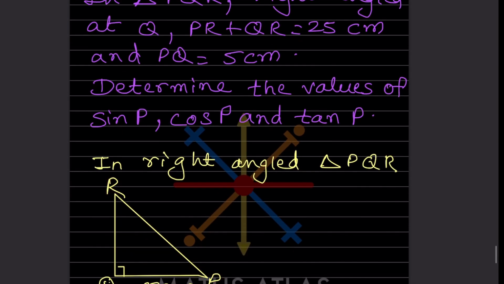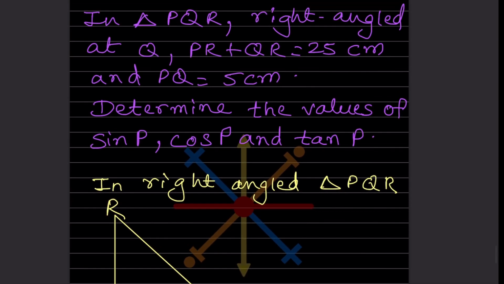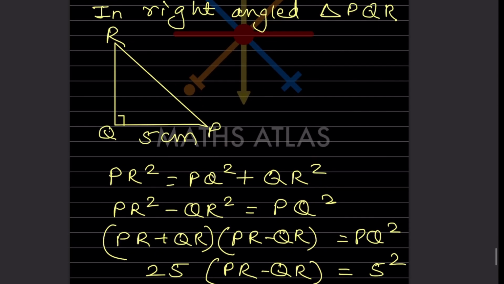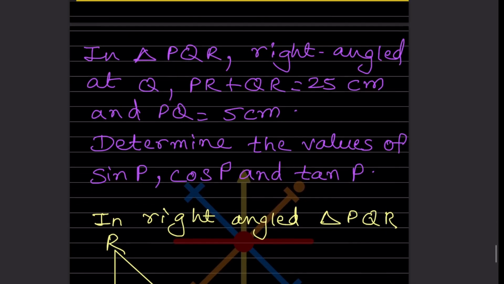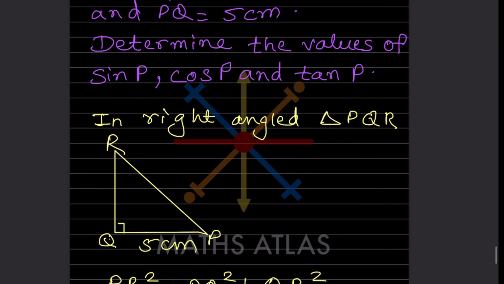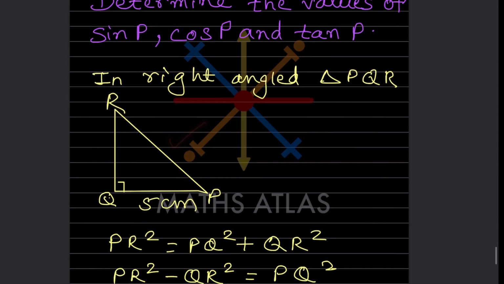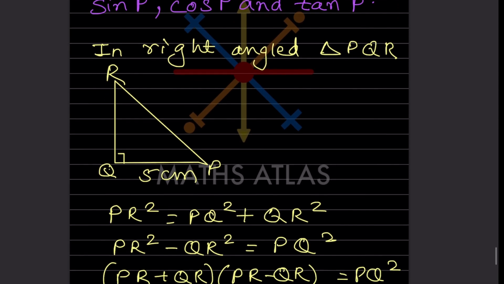So now what are we going to do here? They said PR plus QR is 25 and PQ is 5. Let us see what PR is here. This is the hypotenuse. So PR square is PQ square plus QR square.